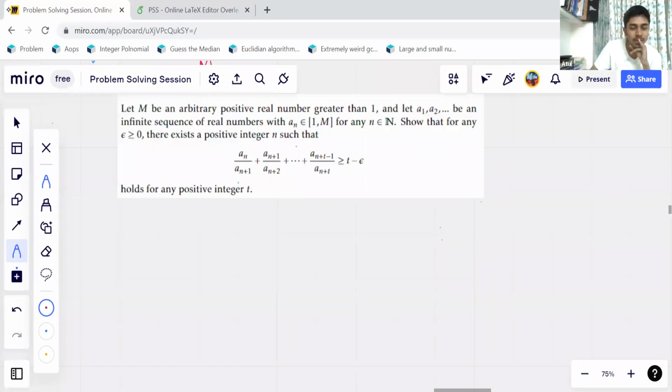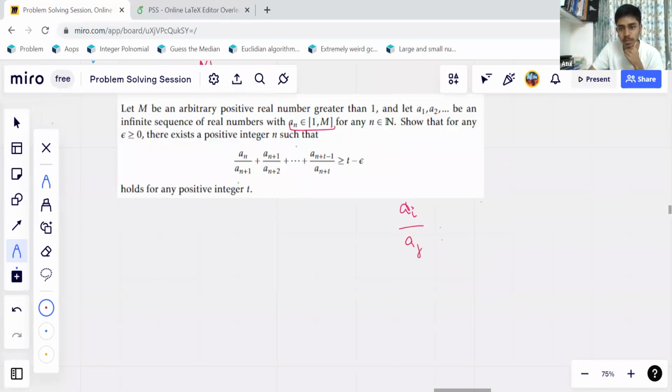For any epsilon there exists... And somehow these are bounded. That's somehow relevant. Okay, looking at these ratios, every ratio is bounded below by 1 over m and above by m.